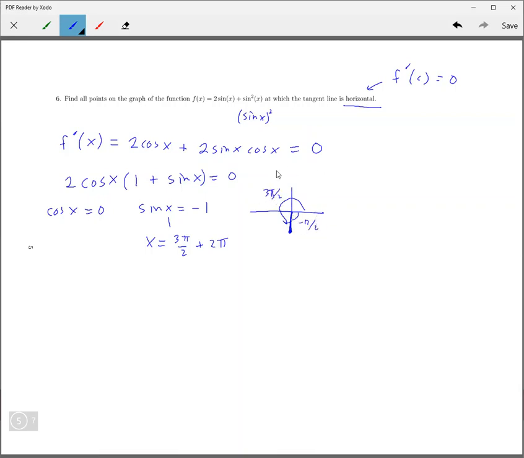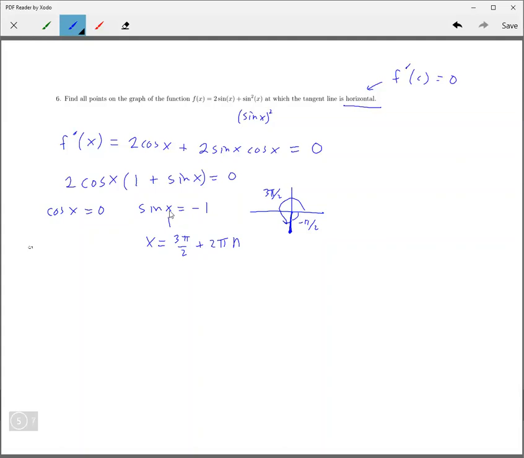But you go around once and then back to 3 pi over 2, or you go backwards this way to negative pi over 2. So any multiple of 2 pi, either positive or negative, and n could be a positive integer, negative integer, or 0. So n is any integer, and that's going to make sine x equal to -1.